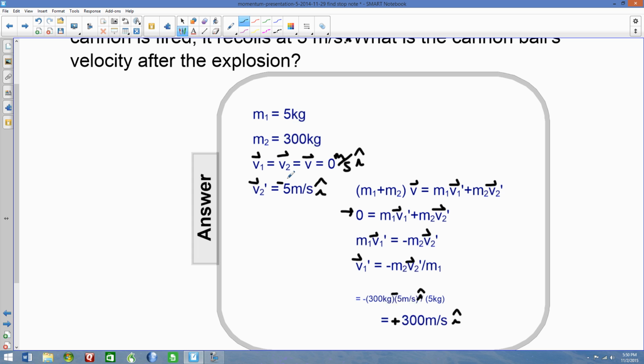The recoil of the cannon is negative 5 meters per second i hat. Solving algebraically and substituting in our numbers, notice there's a negative here, negative here, and a negative here. Negative times a negative gives us a positive. So it's 300 meters per second i hat, the velocity of the cannonball after it's launched.